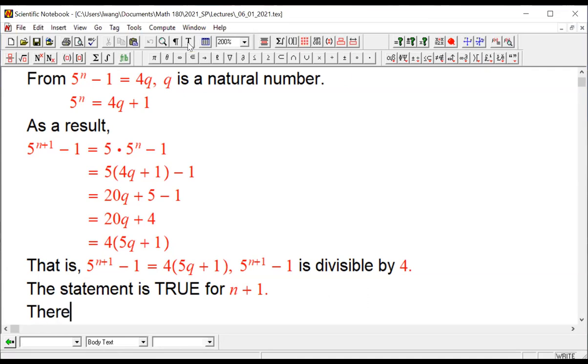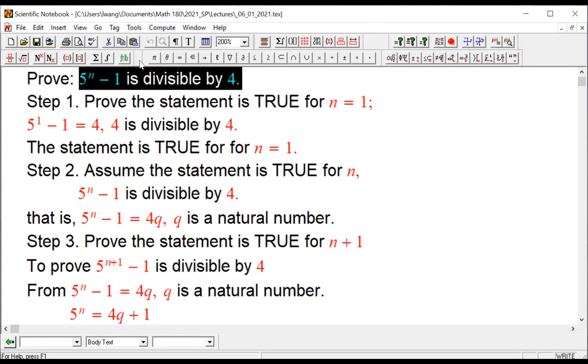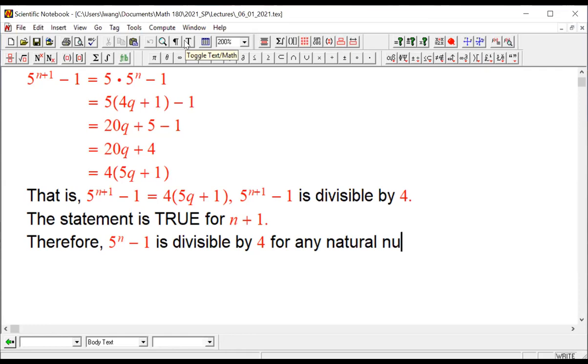Of course, then you can say, therefore, whatever the statement says, 5 to the power of n minus 1 is divisible by 4 for any natural number n. End of proof.